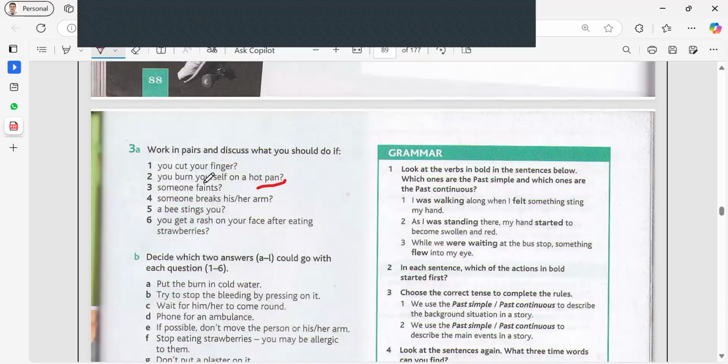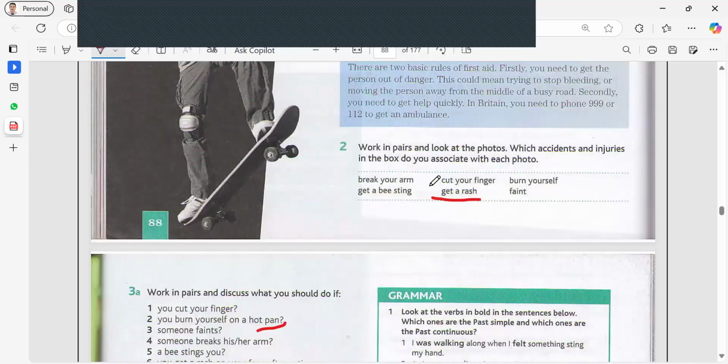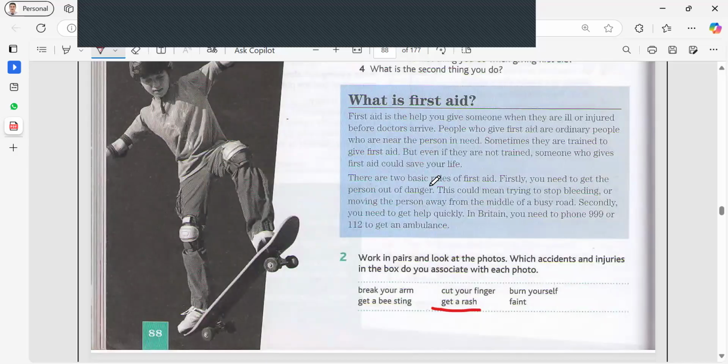A hot pan means a hot container while cooking. You burn yourself. But a fryer is small, while a pan is larger than the fryer.